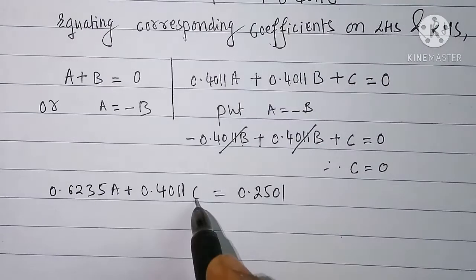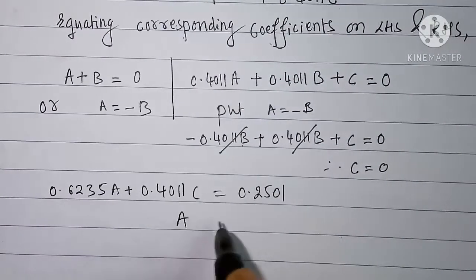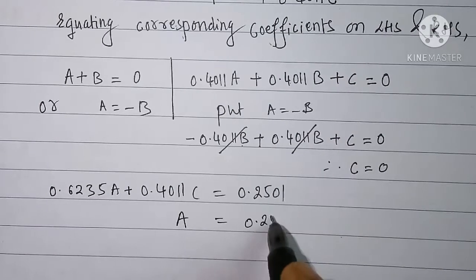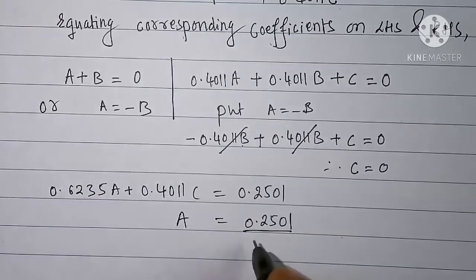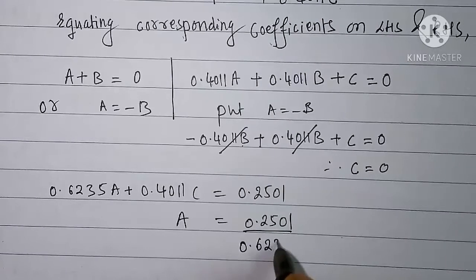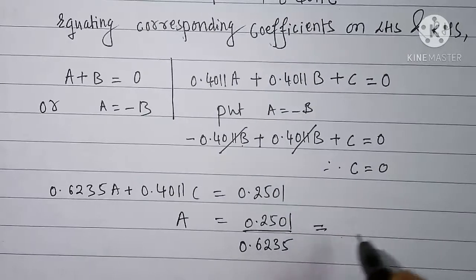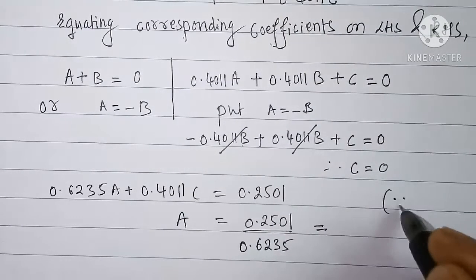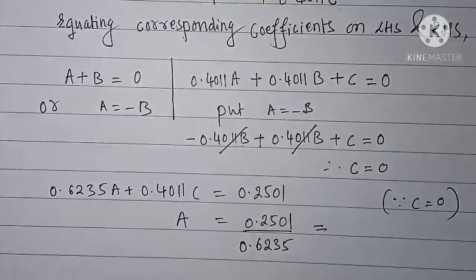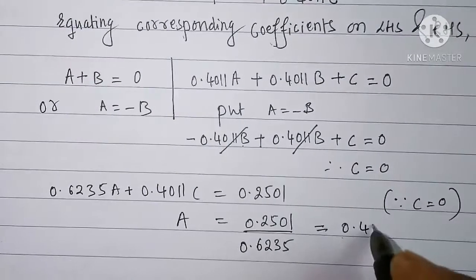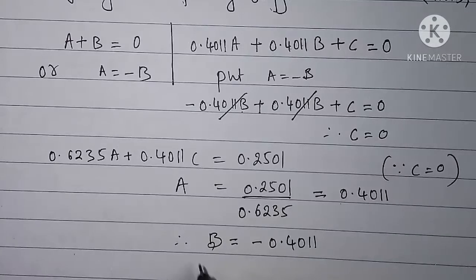But we know that c is equal to 0, therefore a will be equal to 0.2501 by 0.6235, and that is equal to 0.4011. Therefore b is equal to minus 0.4011.